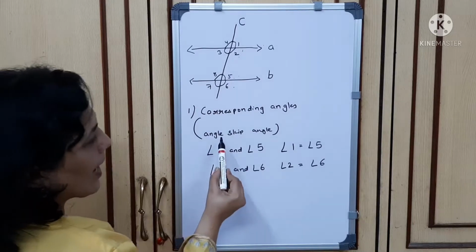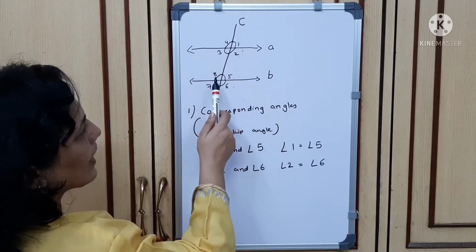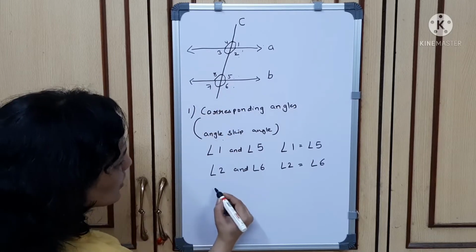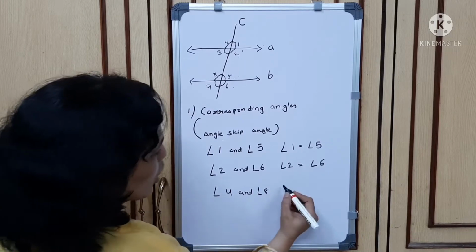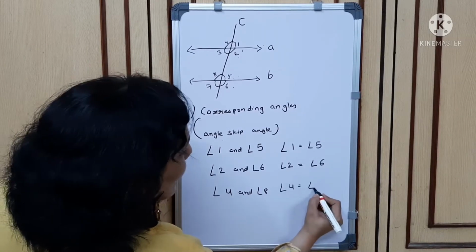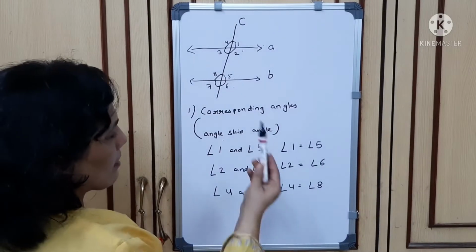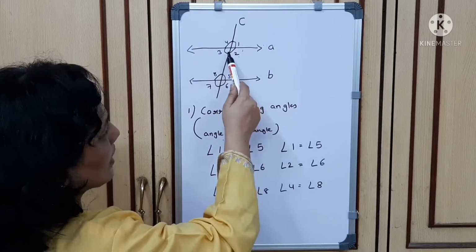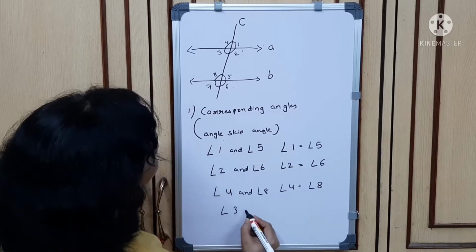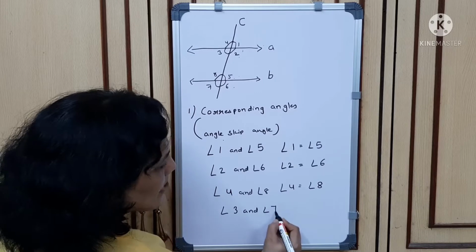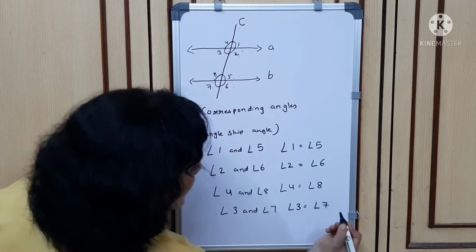As we go angle skip angle, we take 4, skip 3 and go to angle 8. So angle 4 is always equal to angle 8. Then the fourth pair is 3, skip 8, 7. So angle 3 is always equal to angle 7.